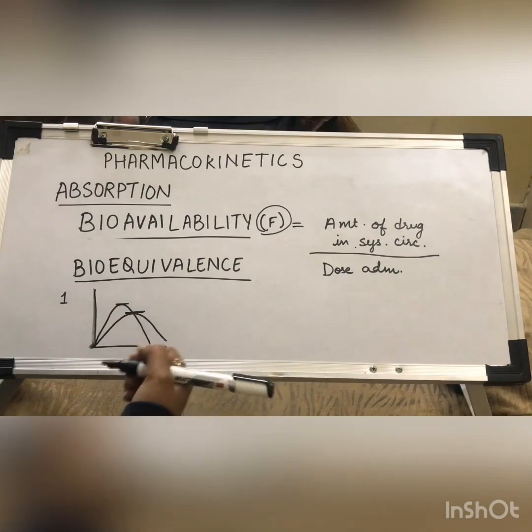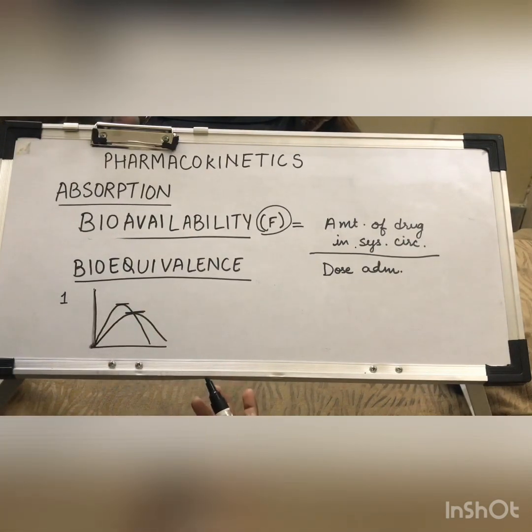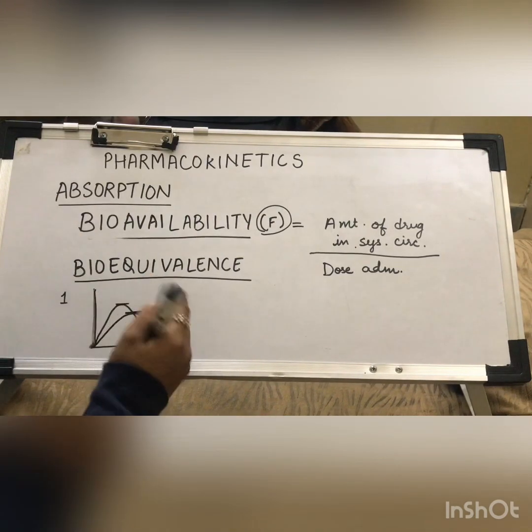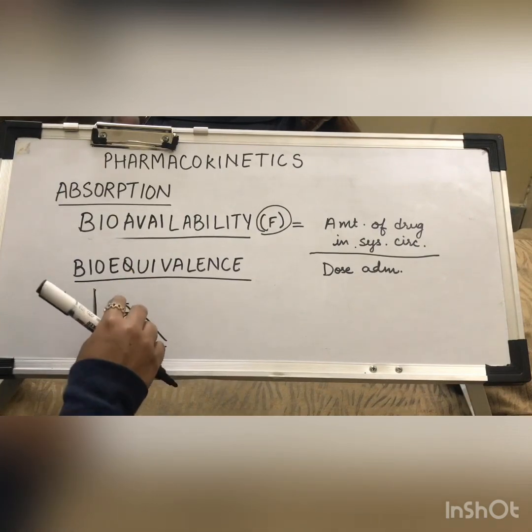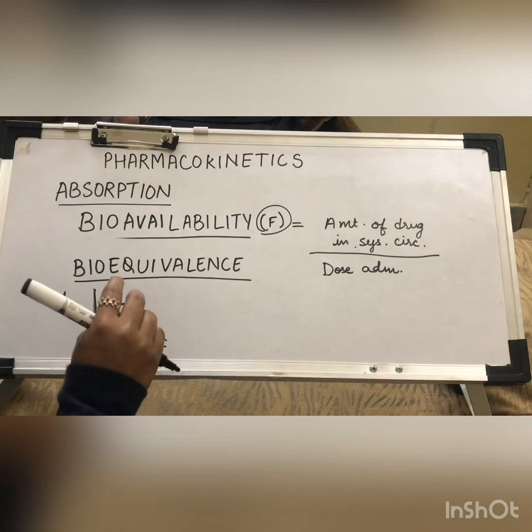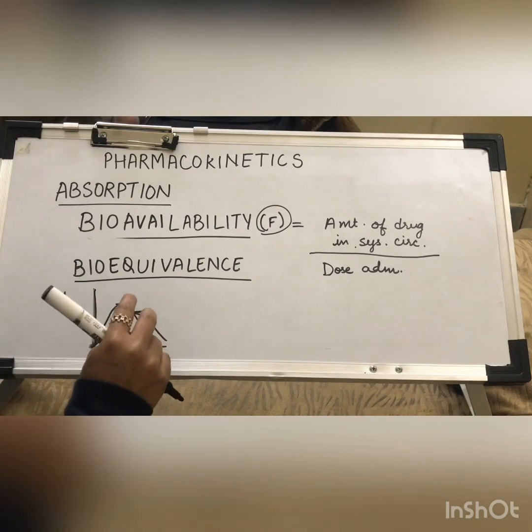Maybe they have the same amount of the drug, that is, they are chemically equivalent, but because they are yielding different blood levels, they are biologically inequivalent. So these two drugs are considered non-equivalent.